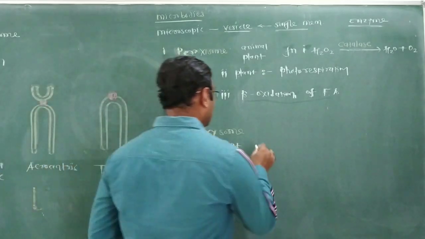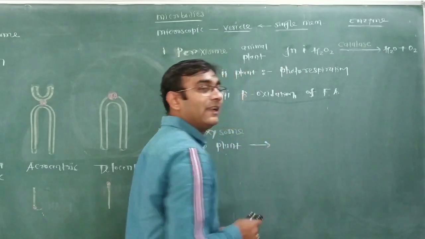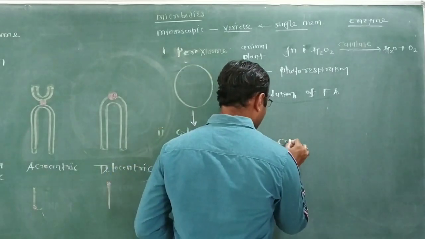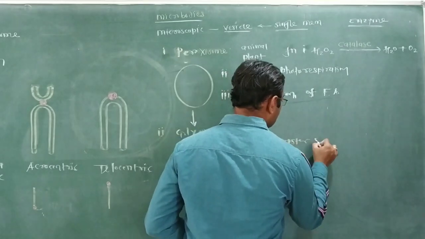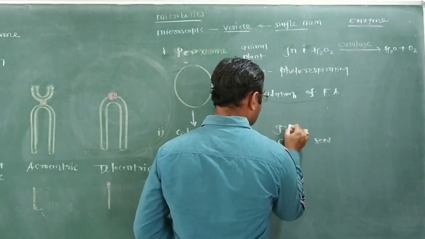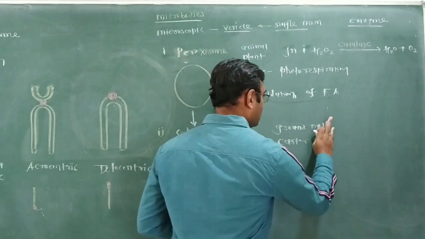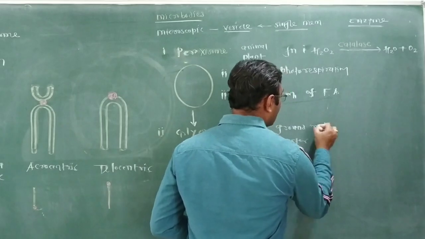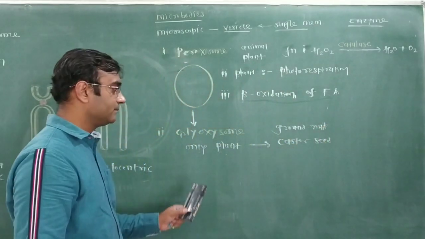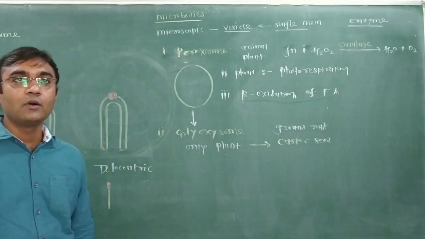Glyoxisome is present in plants, particularly in oily seeds such as castor seed and groundnut. Groundnut and castor seed have glyoxisomes for the storage of oil or fat.